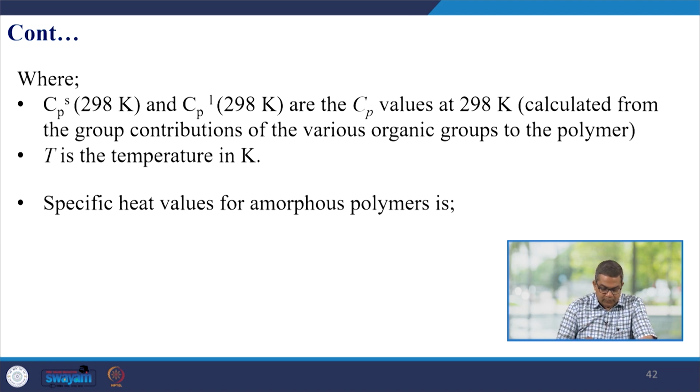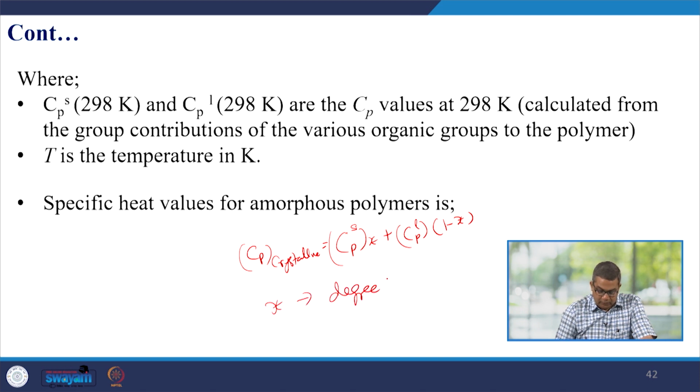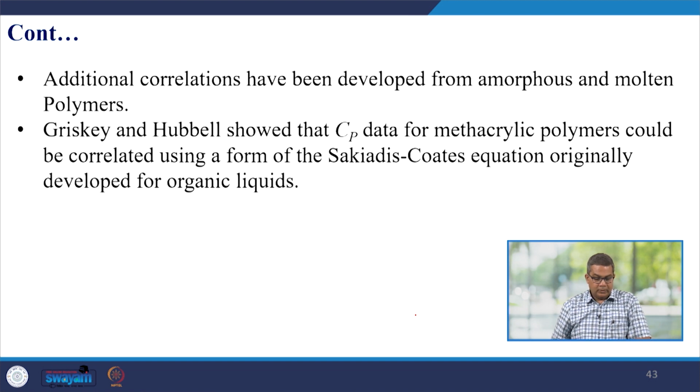So, the specific heat of a semi-crystalline polymer is given as Cp crystalline = Cp solid x plus Cp liquid (1 − x), where x is the degree of crystallinity. Now, additional correlations have been developed over time for amorphous and molten polymers.